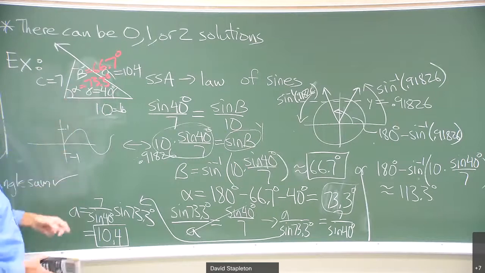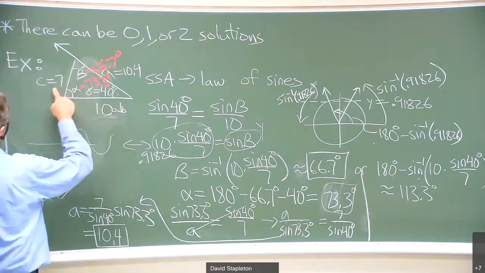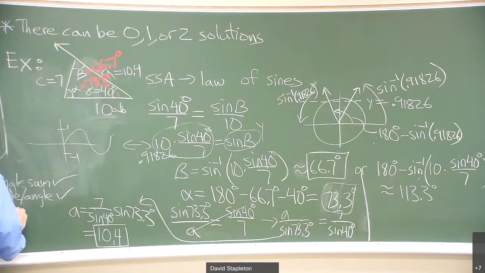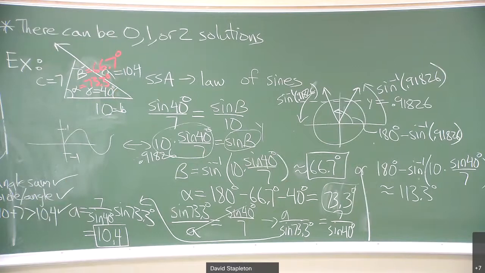And then the side-angle theorem that the larger angle goes opposite the larger side, median angle opposite the median side, so forth holds. And then you check the sum of the two shorter sides, 10 plus 7, has to be greater than the longest side. 10 plus 7 is greater than 10.4. Yep. So probably I didn't make any mistakes.